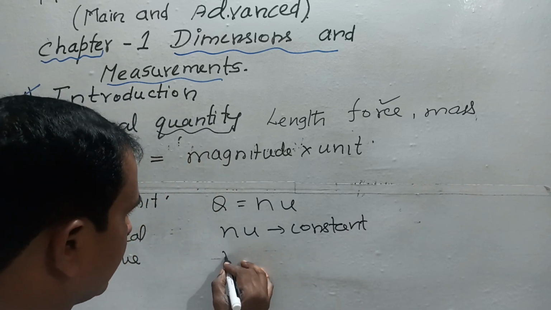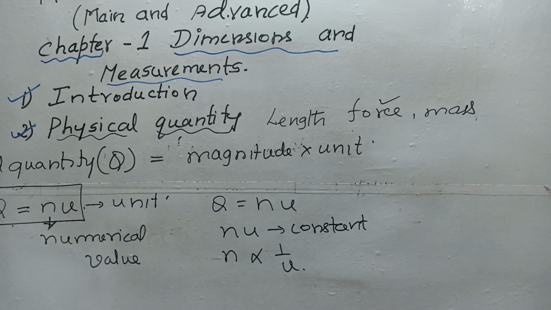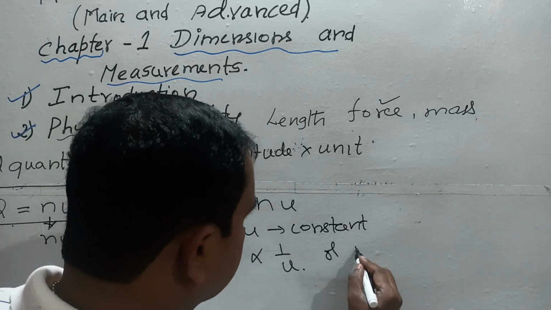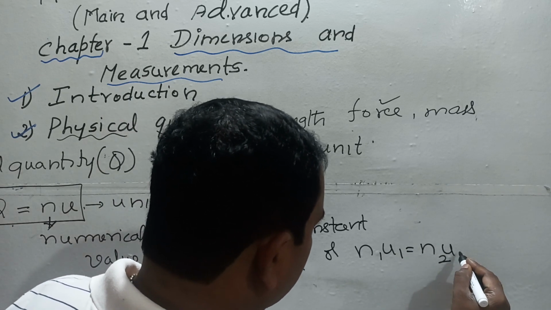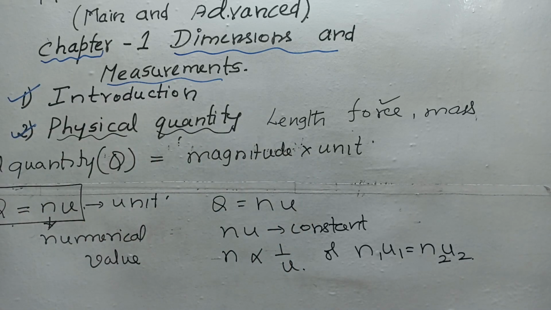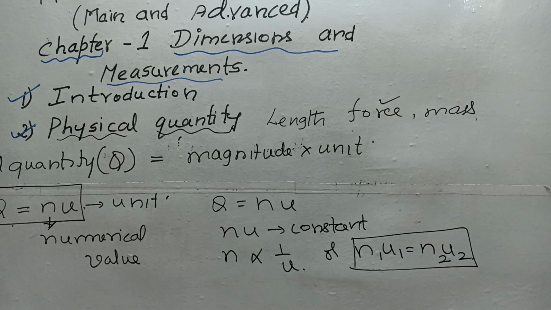That indicates that N is inversely proportional to U, or you can write N1 U1 is equal to N2 U2. I think it is clear. You got it, no? So let us try to understand.